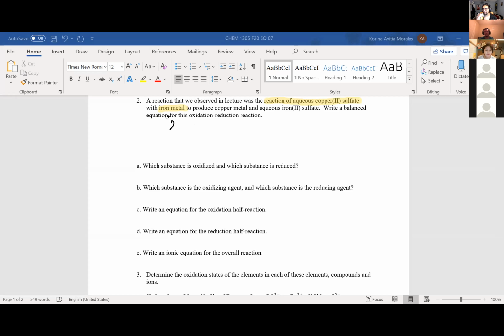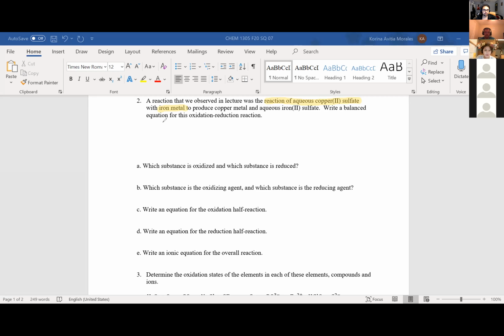Or just Cu, and then SO4? I get confused whether to put the copper 2 as a coefficient. Isn't it Cu3 and then?